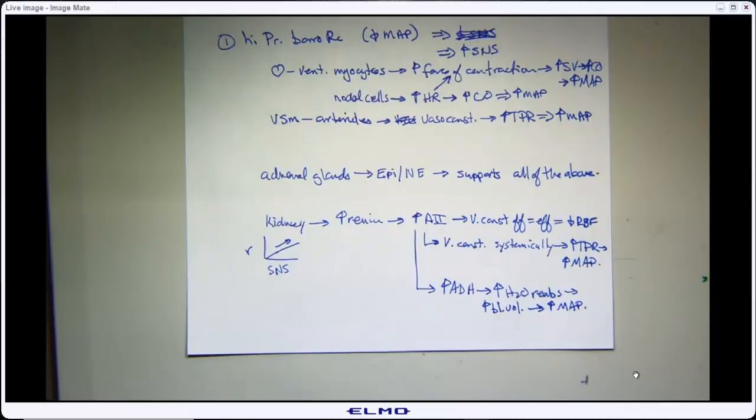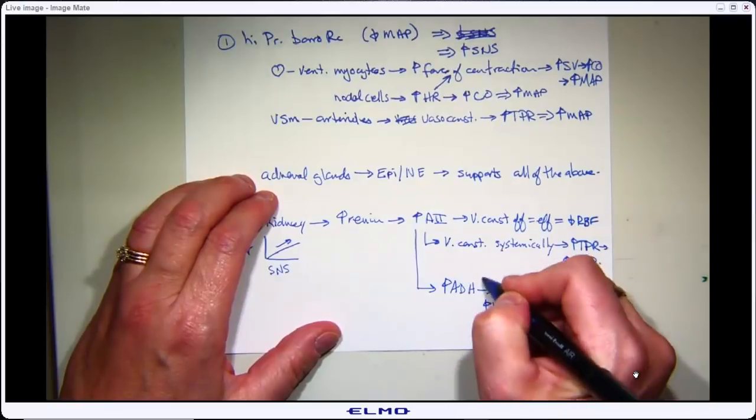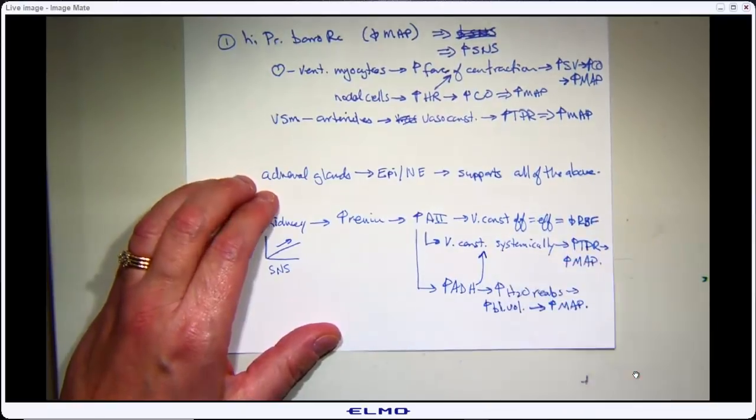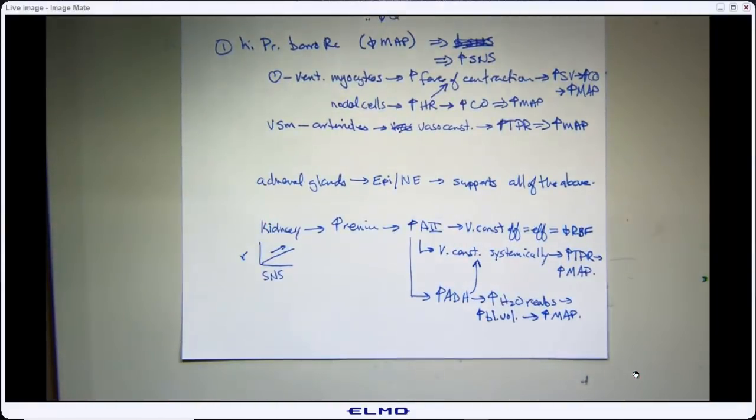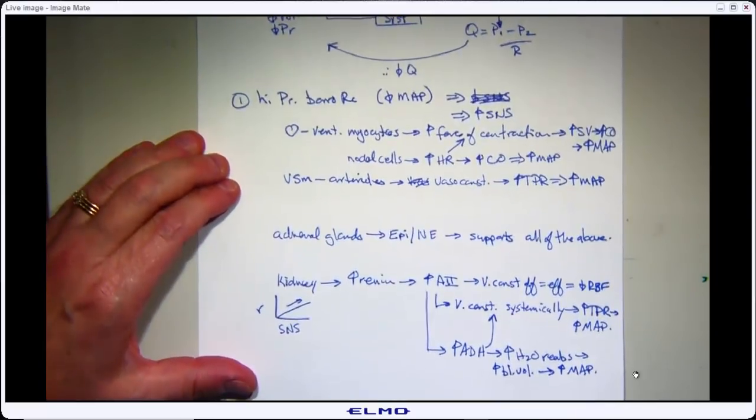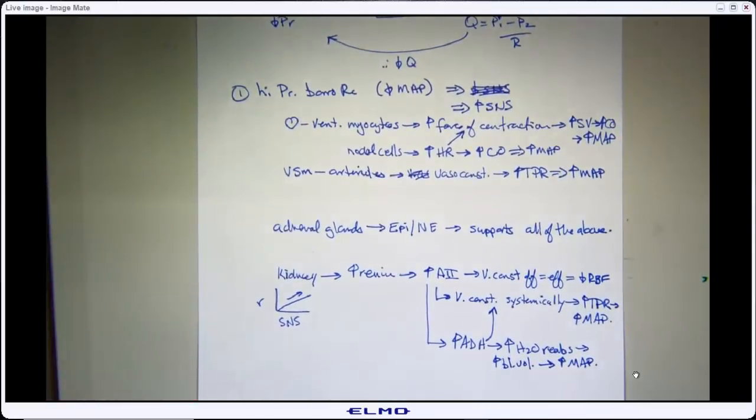Anything else? ADH is also a systemic vasoconstrictor, so it's going to be doing the same thing angiotensin 2 does systemically to all arterioles, right? So it's going to help us with our total peripheral resistance. And of course, really cool, what you've laid out here already is the three different time scales, right?